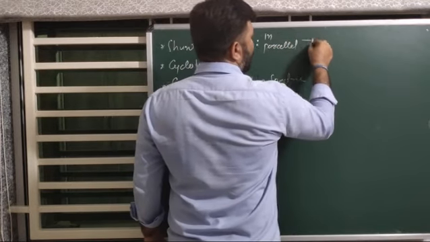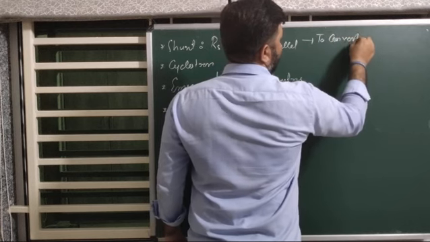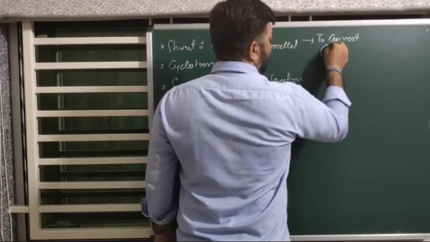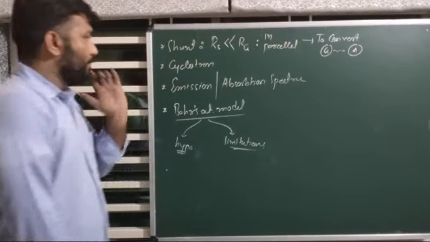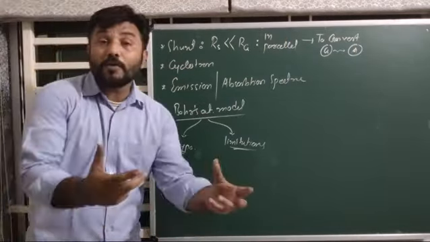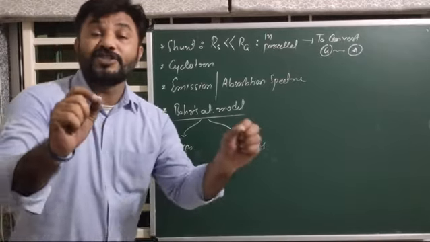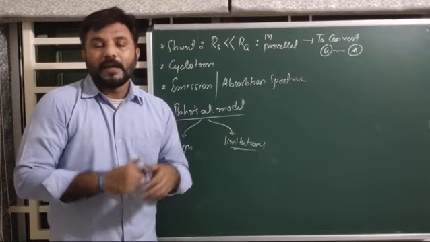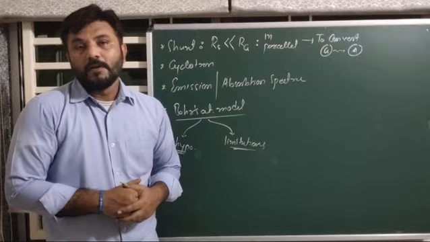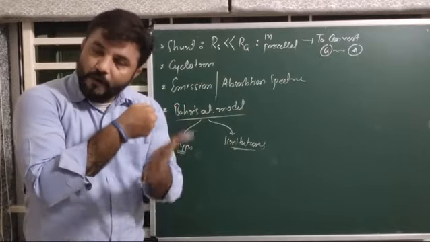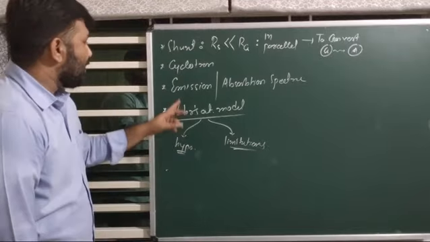Why? To convert a galvanometer into an ammeter. Clear? What is cyclotron? Cyclotron is a device to accelerate charged particles, and these highly accelerated charged particles are used in bombardment of any atom.